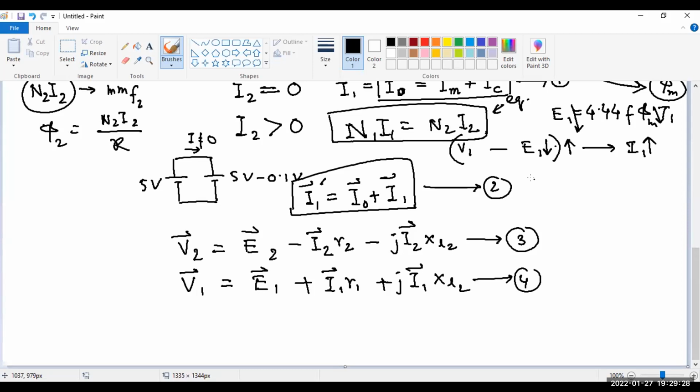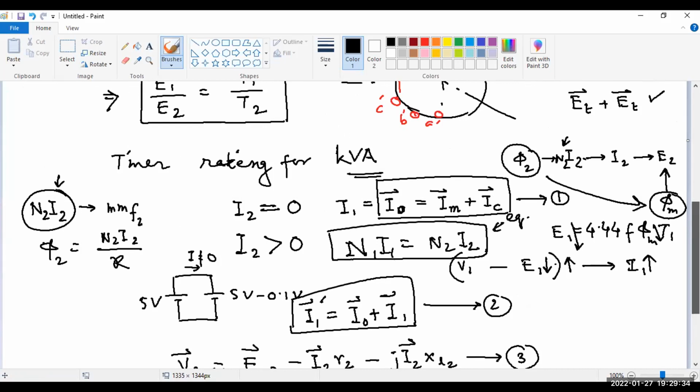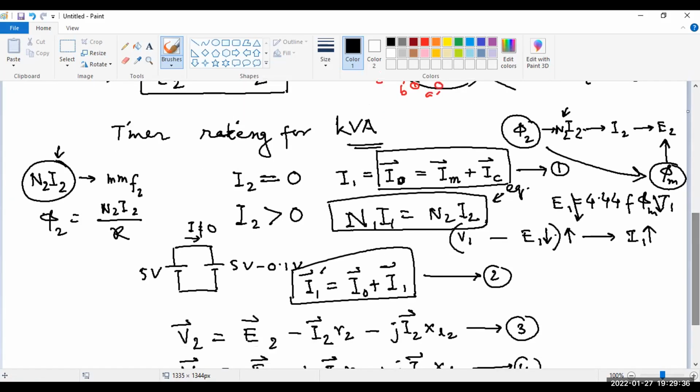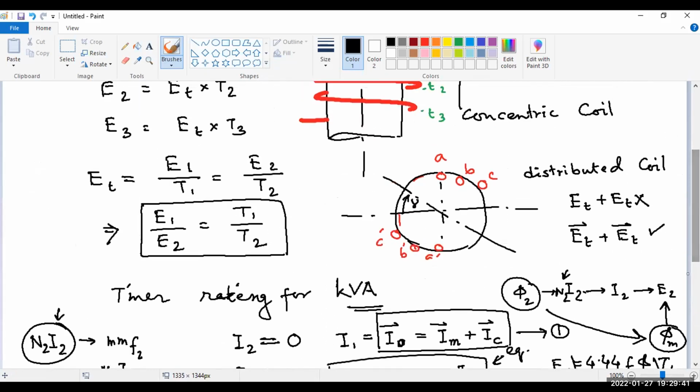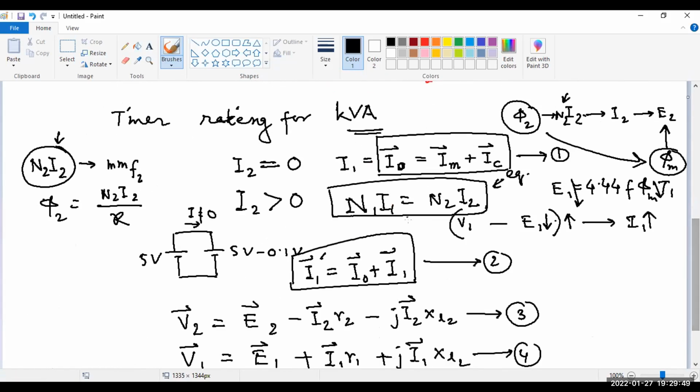Okay. So these are the basic equations, and the other equations we already have: the MMF balance equation and the voltage ratio equation. We can name them like this: this is equation number 5, and this is equation number 6.